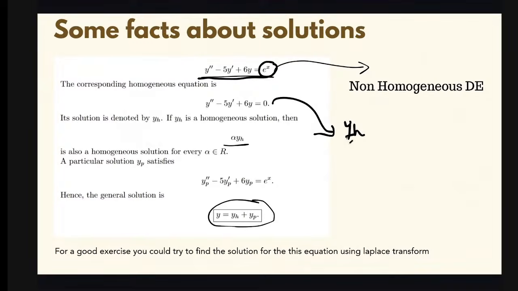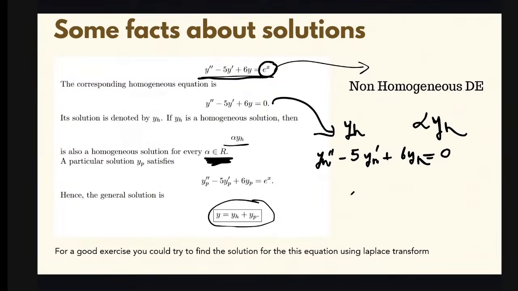All right. So let's say I have another variable alpha times yh, where alpha is an element of R. Let's take it to be an element of R for now. So if yh satisfies this equation, it means that yh double dash minus 5 yh dash plus 6 yh is equal to 0. That is what it means if it's a solution.